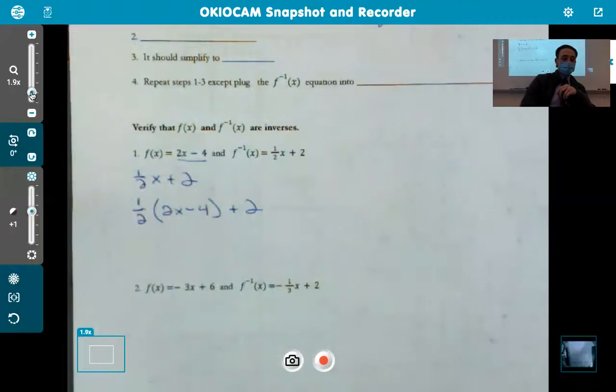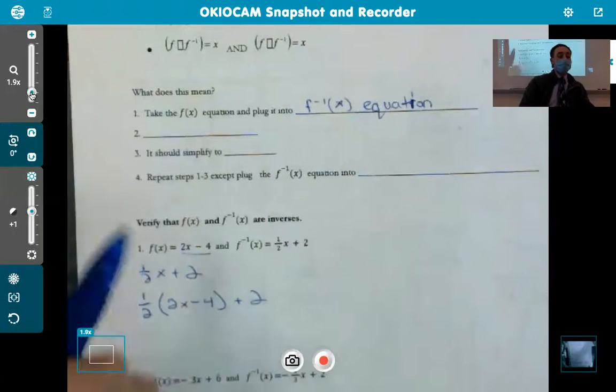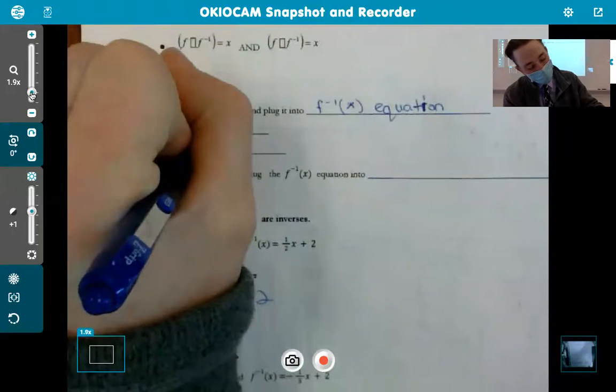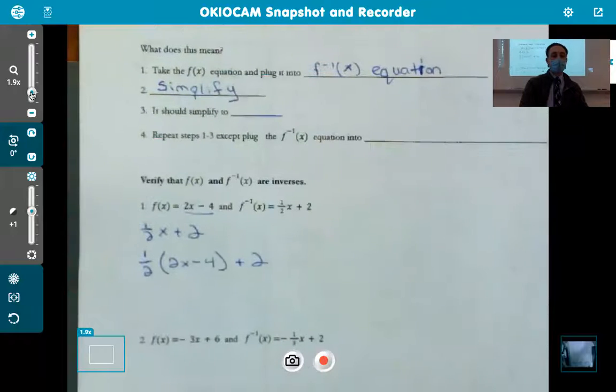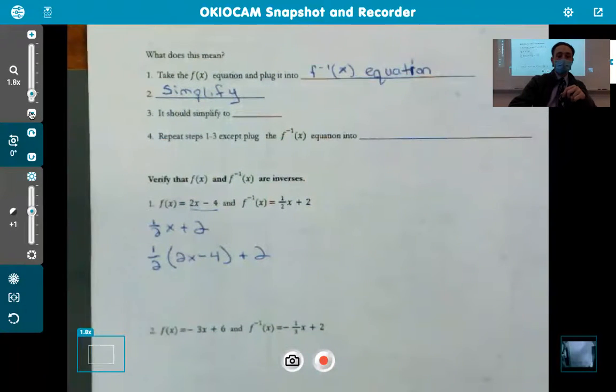All right. So first step, take the function, plug it into the inverse. Now what we're going to do is simplify. So I'm going to take that expression and simplify it a little bit.